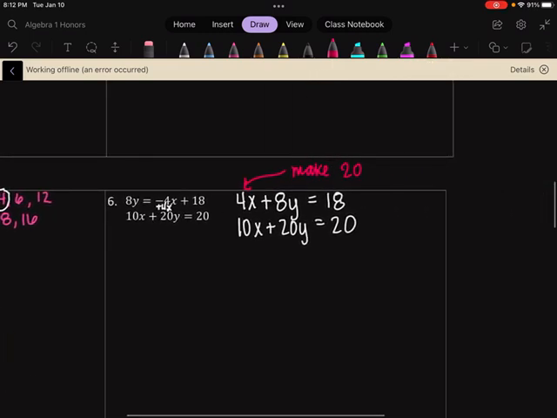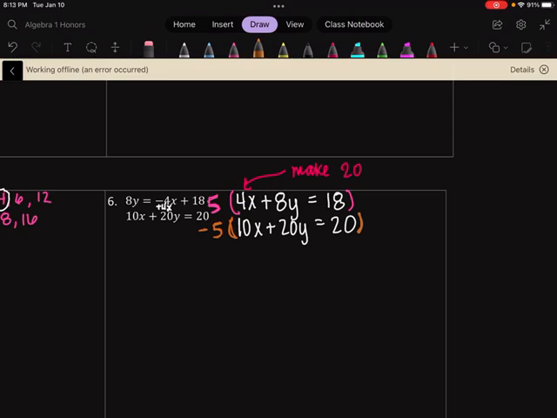I'm going to make 4x a positive 20 and the 10x maybe a negative 20. So if I multiply by, let's do positive 5 on that one, and then I multiply this one by a negative 5, then that would cancel out my x's, right?